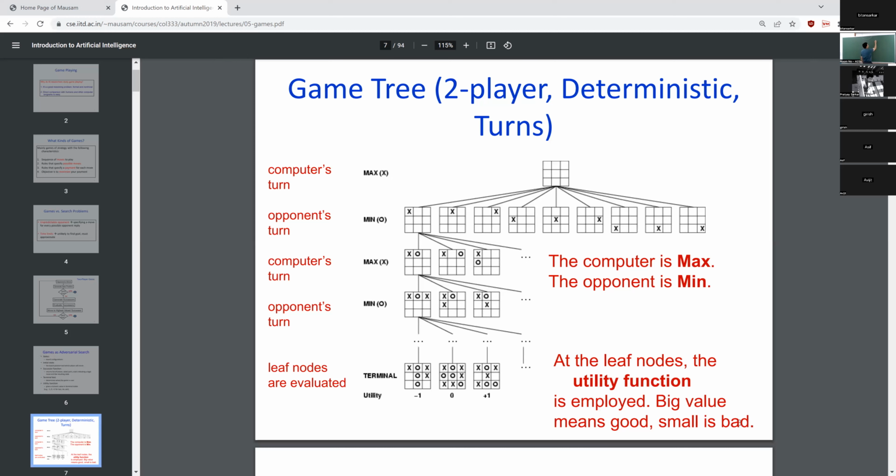Okay. So your game starts with an initial state. This is where your AI agent, the max agent, is making a move. As part of the winning strategy, let's say the max agent applies an action A1 and goes to a new state.